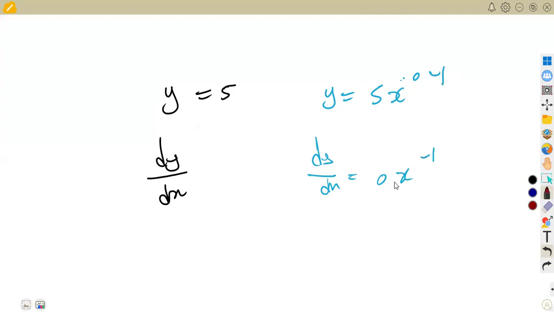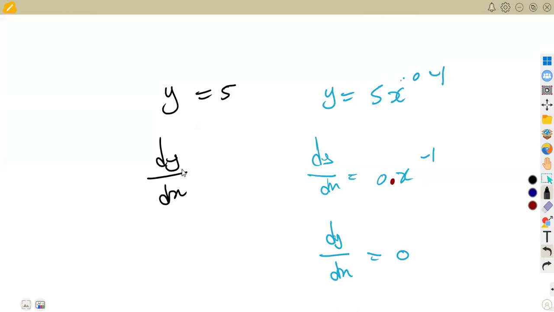But any number, any term, any expression multiplied by a 0 gives us what? A 0. So the derivative of y with respect to x was going to give us a 0. That's it. The derivative of y with respect to x is going to be a 0.